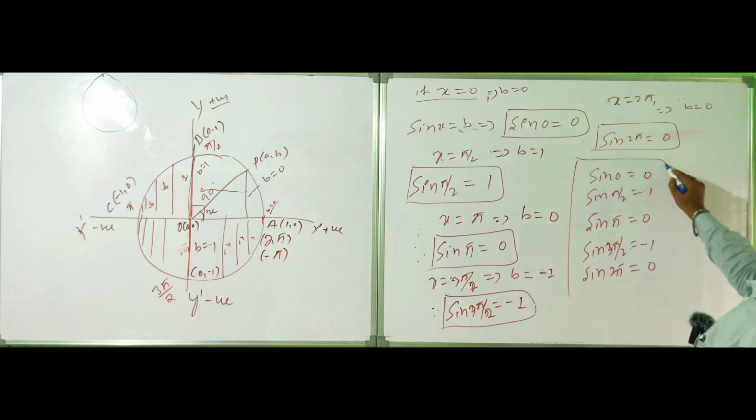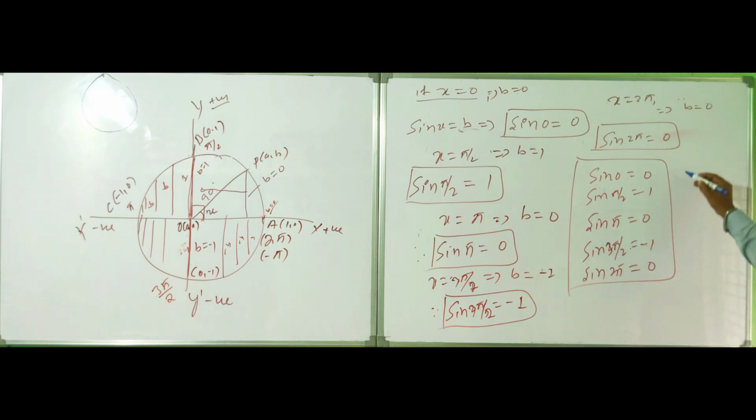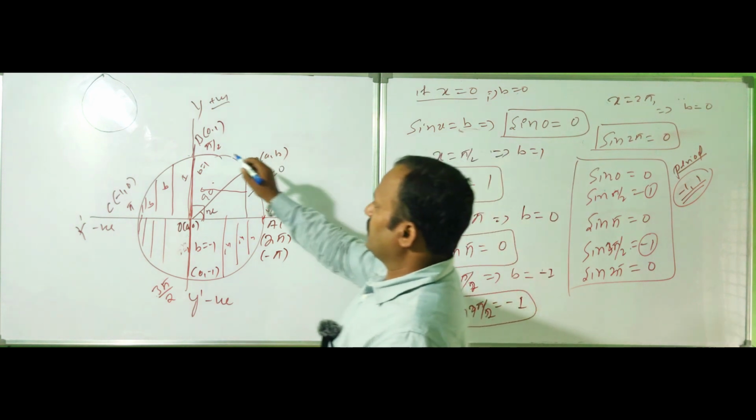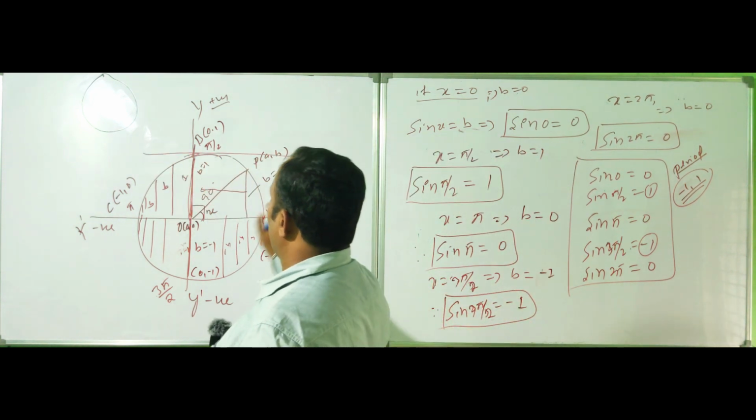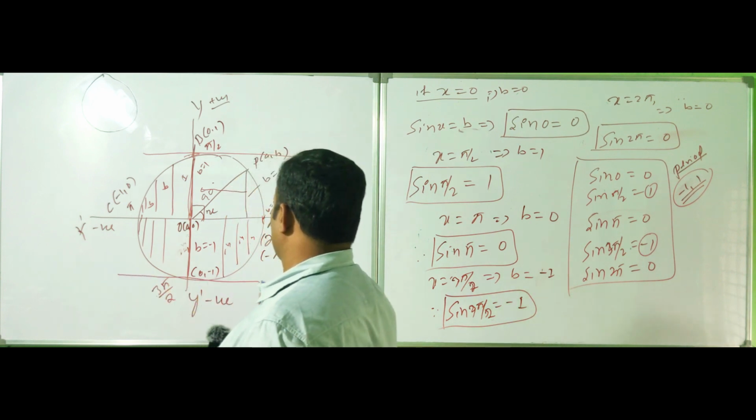That's why this is called a circular function. The range is from minus 1 to 1, so the maximum value is 1 and the minimum value is minus 1.